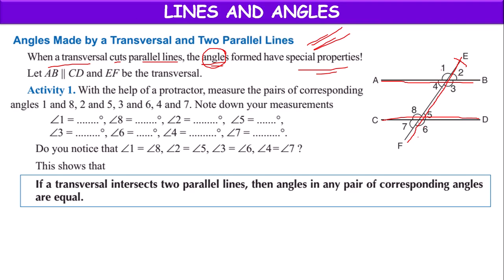So here AB is parallel to CD, and EF is the transversal.